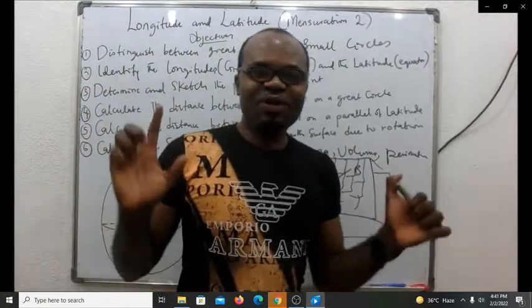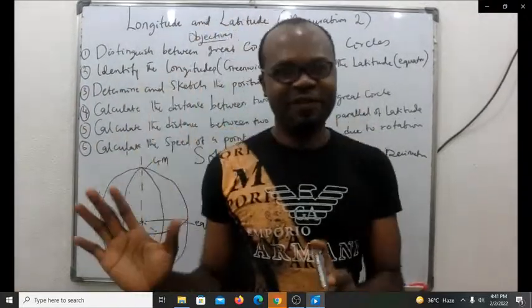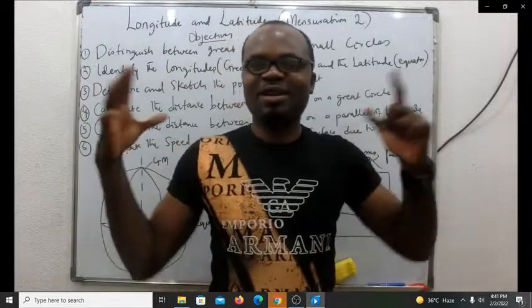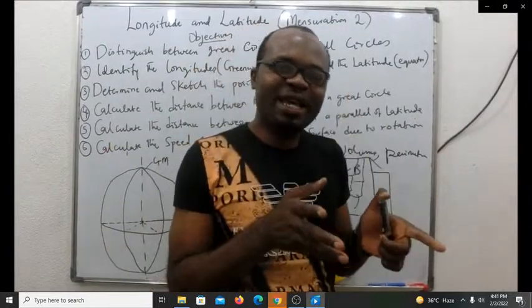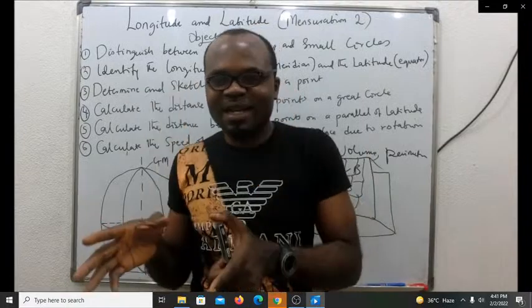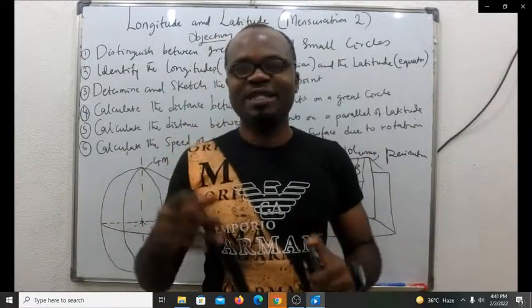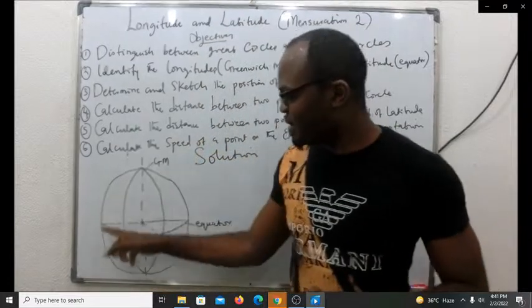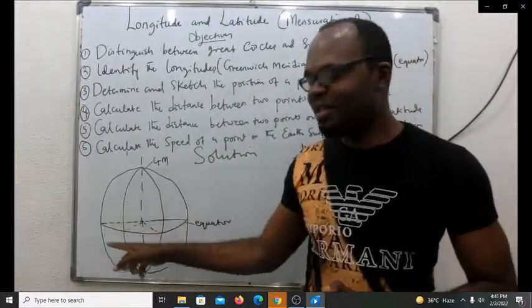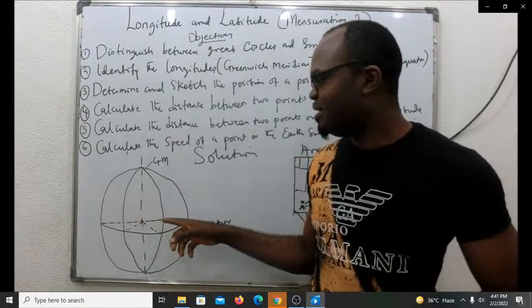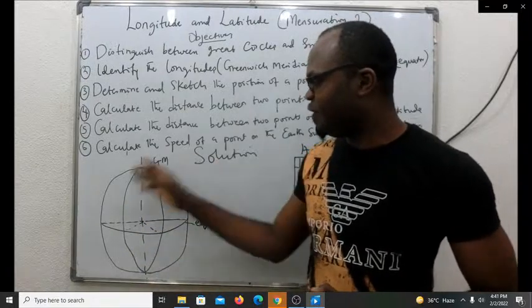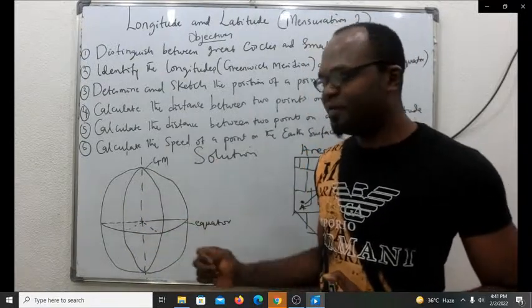But now when you're looking at the Earth surface, you're not talking about any other object, you're not talking about a square, a rectangle, or a cone. Now you're considering the Earth surface. This is the shape of the Earth. It's a sphere. The Earth is spherical.